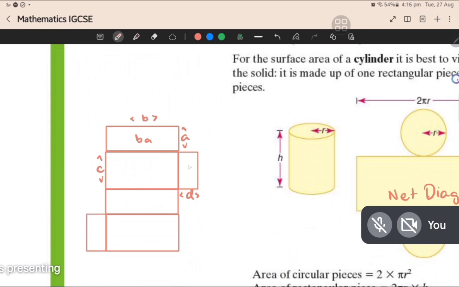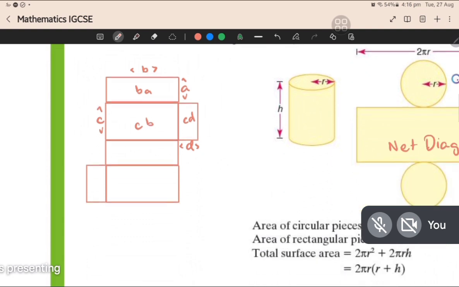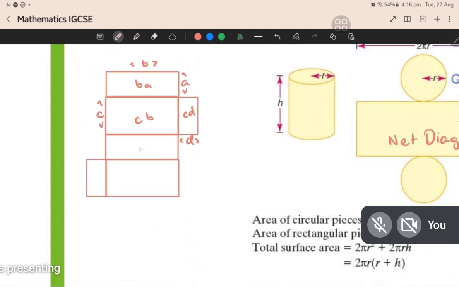This part of the net is C times D. This part is C times B. This part is again A times B. And this part is C times B, and this part is C times D. Okay, make sense?